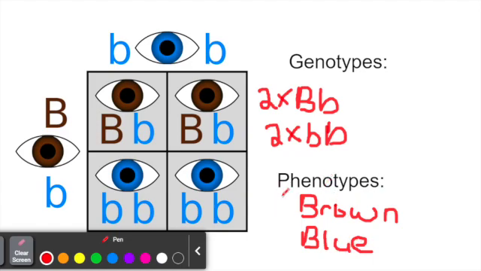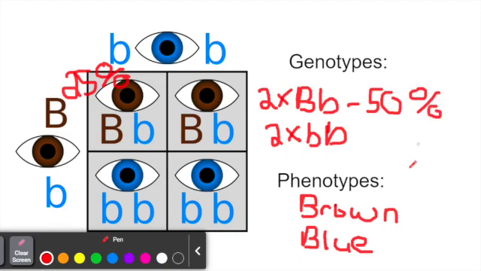Now, we need to figure out the probabilities, the chances of these 2 parents having offspring with brown eyes and blue eyes. When we look at the Punnett Square, each of these squares equals 25%. Each one is a 25% chance, and all together they add up to 100%. Because I have one here and one here, that's 25 and 25, they have a 50% chance of having big B, little b.